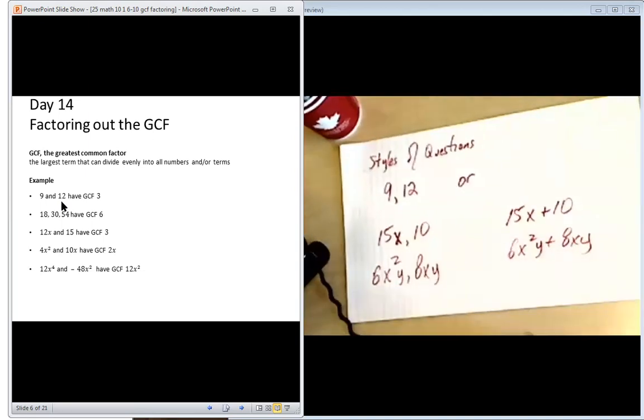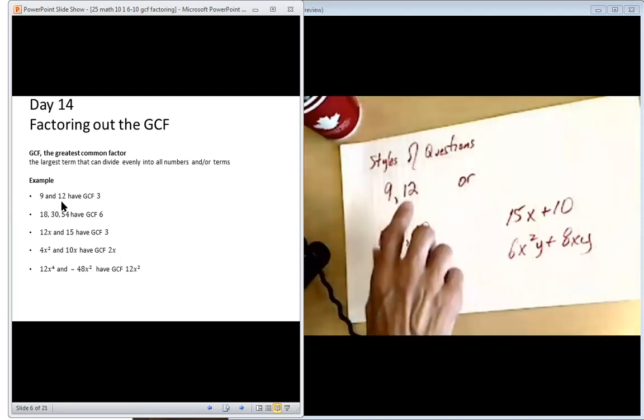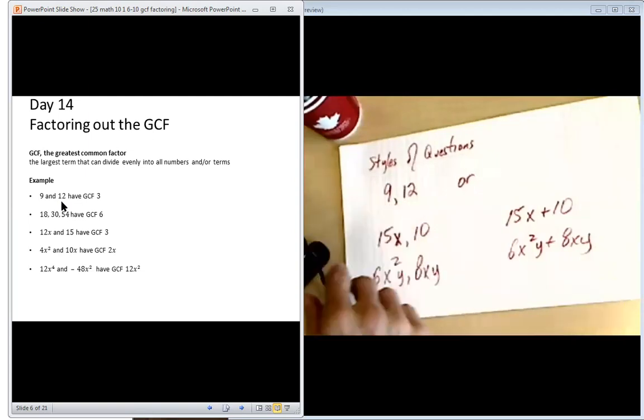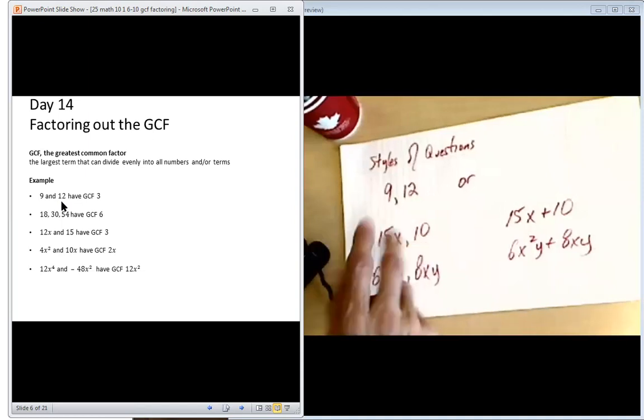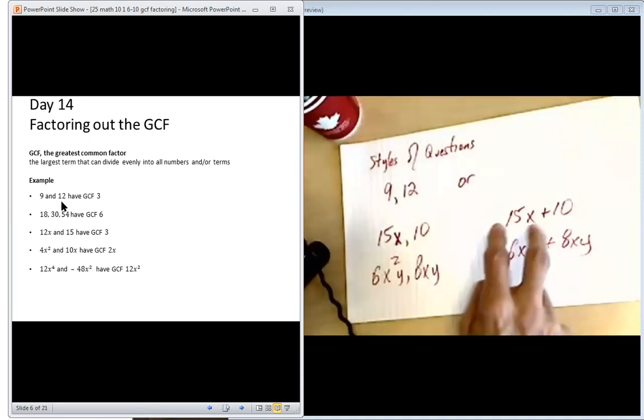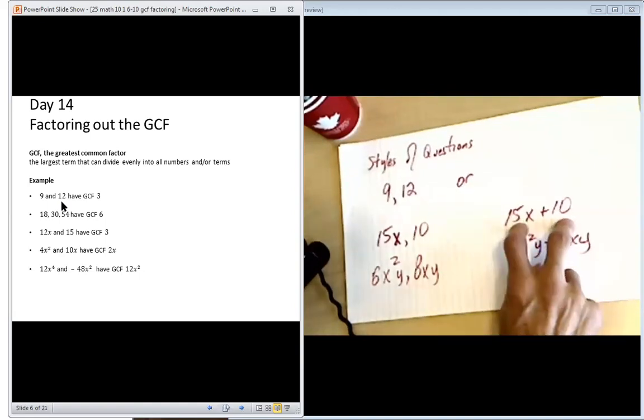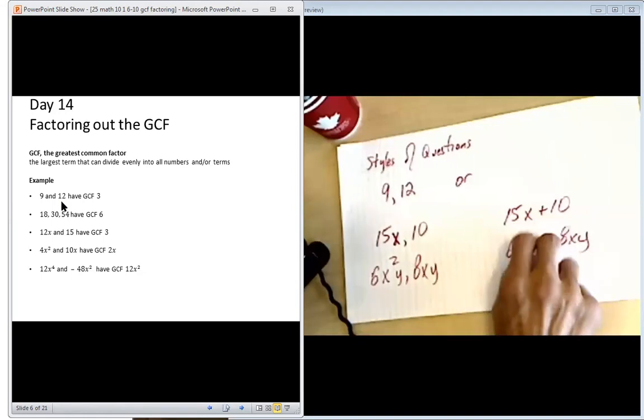They look different, right? But the same question can be asked. What's the GCF of 9 and 12? Work it out. We did it. What's the GCF of 15x and 10? We did it. But they might also ask, what's the GCF of 15x plus 10? Same.